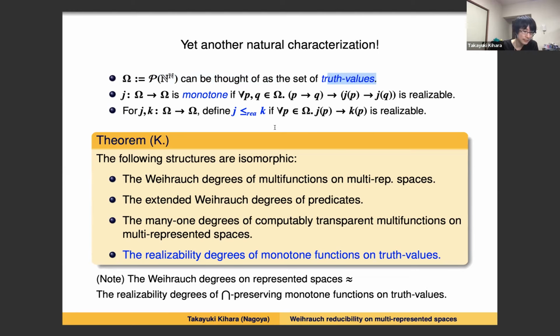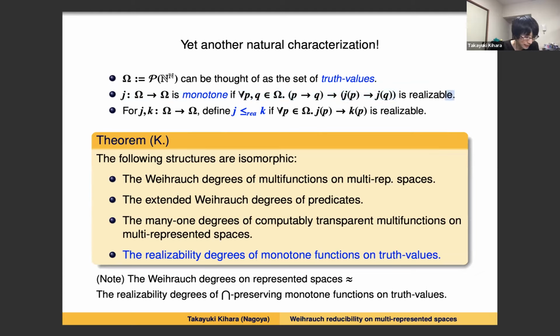In this case, let's consider monotone maps on truth values. We say that a function J on truth values is monotone if for any truth values P and Q, P implies Q implies JP implies JQ is realizable.